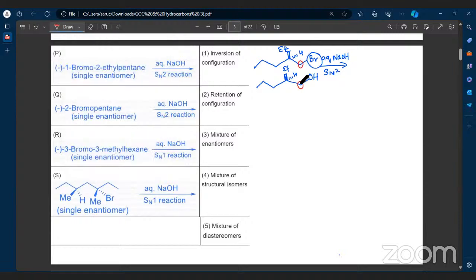Whether this carbon is a chiral carbon or an achiral carbon. What is the nature of the carbon? Whether it is a symmetric carbon or an asymmetric carbon.